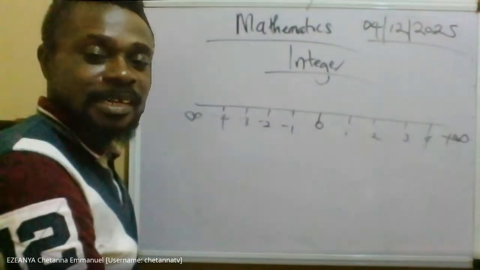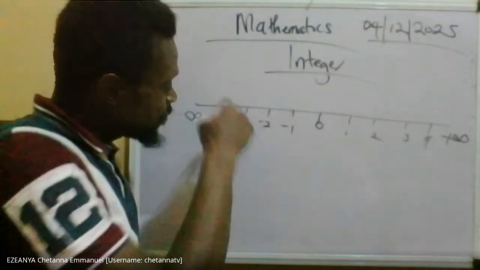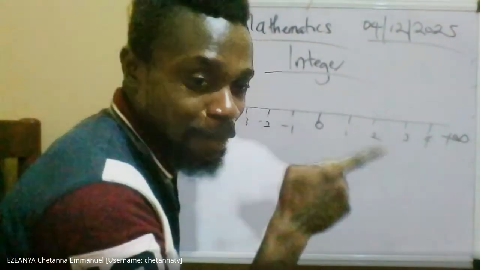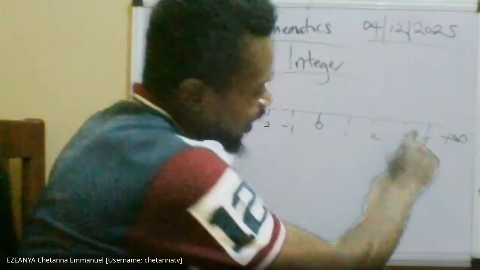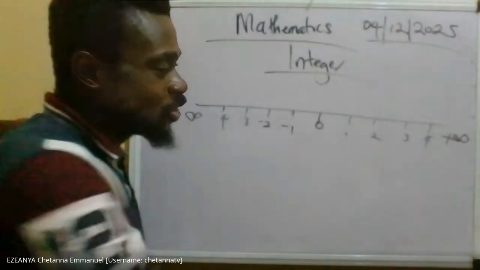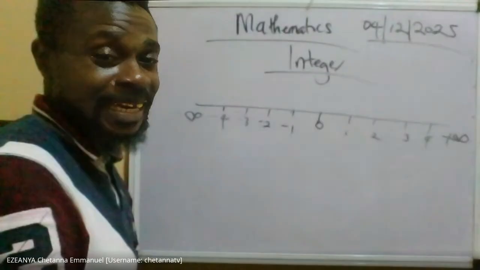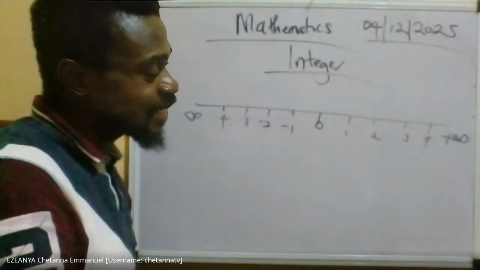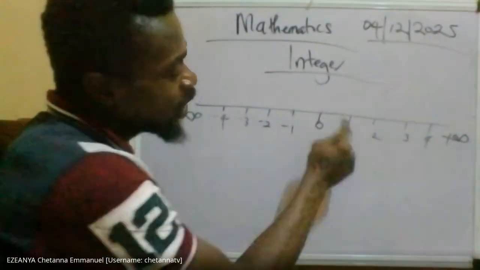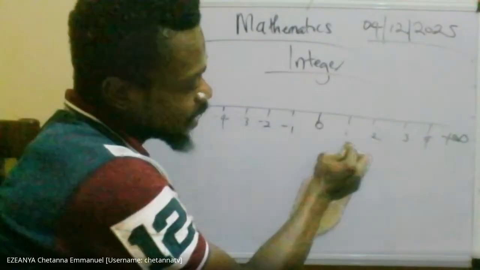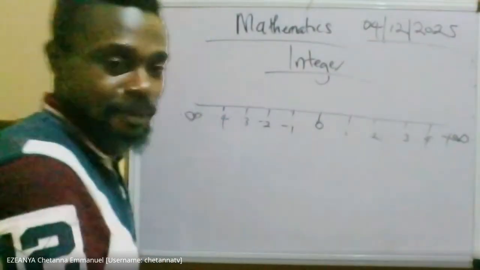Half is here. Pi is 3.14. Pi lies here. It is a continuous number, irrational in that sense. So in between these concrete numbers, these integers, a lot of numbers are here.